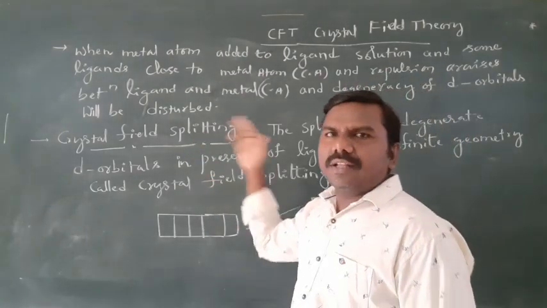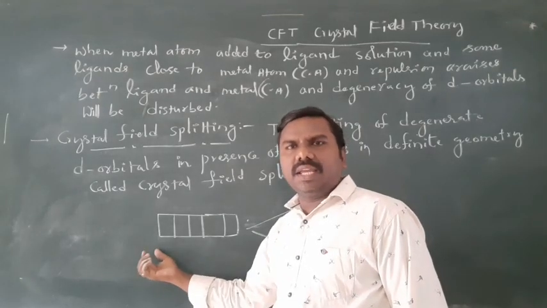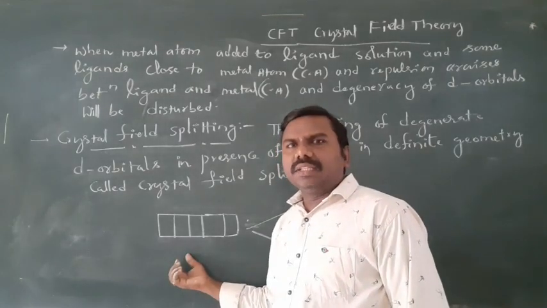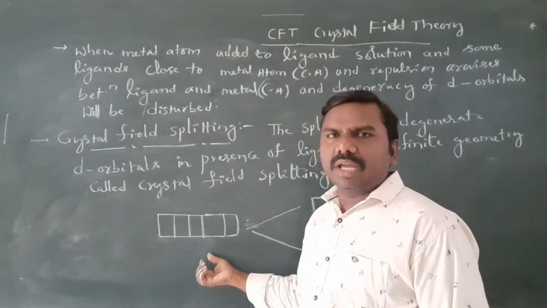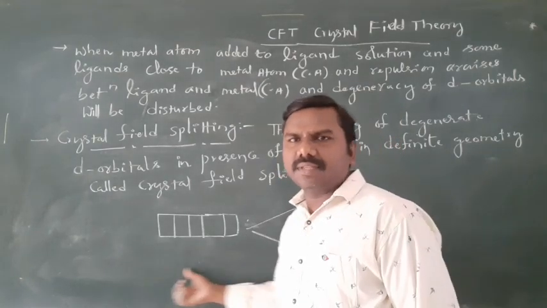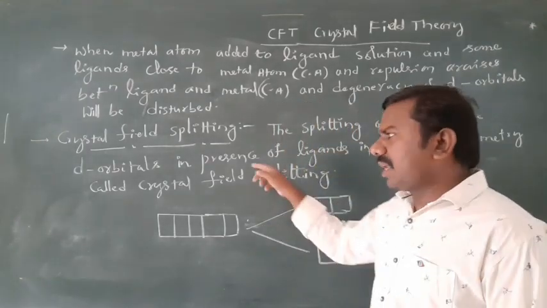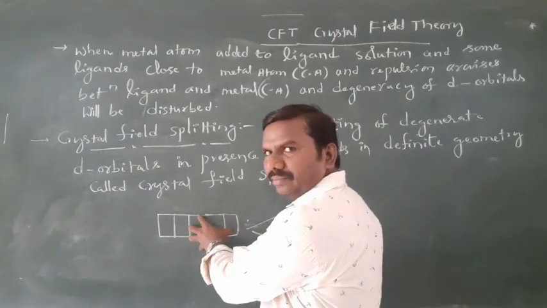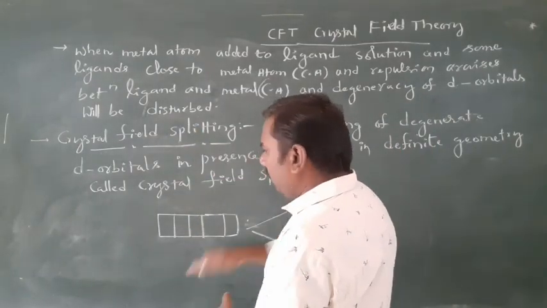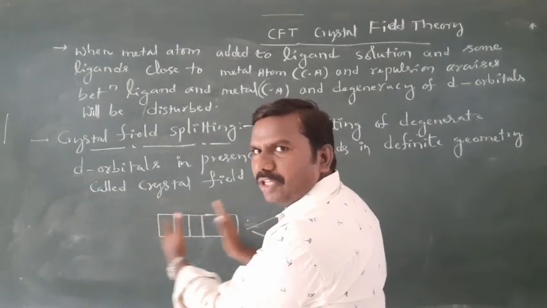Then crystal field splitting. These are the 5 degenerate orbitals: dxy, dyz, dzx, dx square minus y square and dz square. All have the same energy, the degenerate 5 d orbitals. In the presence of ligands, 1, 2, 3, 4, 5, 6 approaching the metal, there are repulsions.